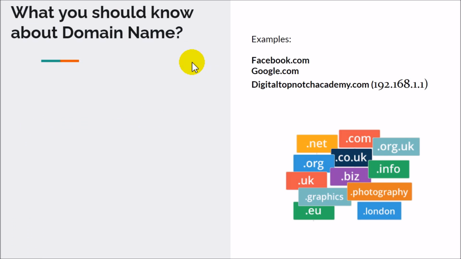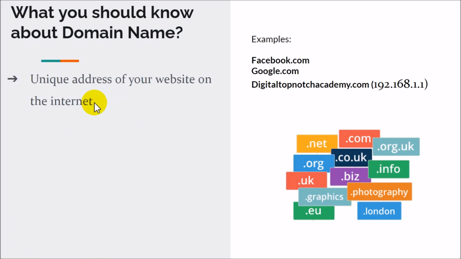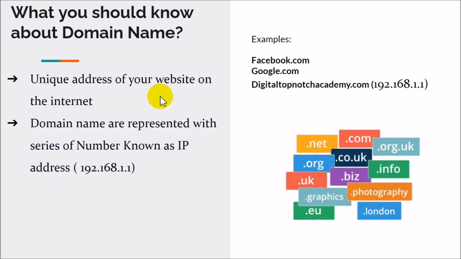Now what you should know about domain names is that they are unique addresses on the internet. You can't have more than one domain name anywhere. And also they are represented with serial numbers known as IP addresses. You are looking at datatopnotchacademy.com, but to the computer communication structure and everything, what they read is the IP address.